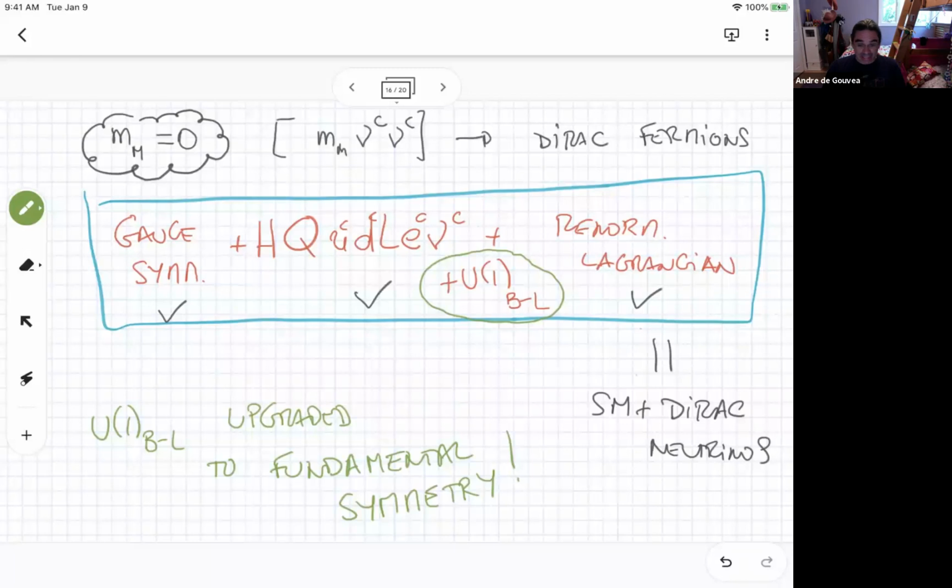What does that mean? It would mean, for example, that every time you write down a BSM model, you have to be cognizant of the fact that U1 B minus L has to be there. So a whole bunch of BSM models are not allowed because they violate U1 B minus L.